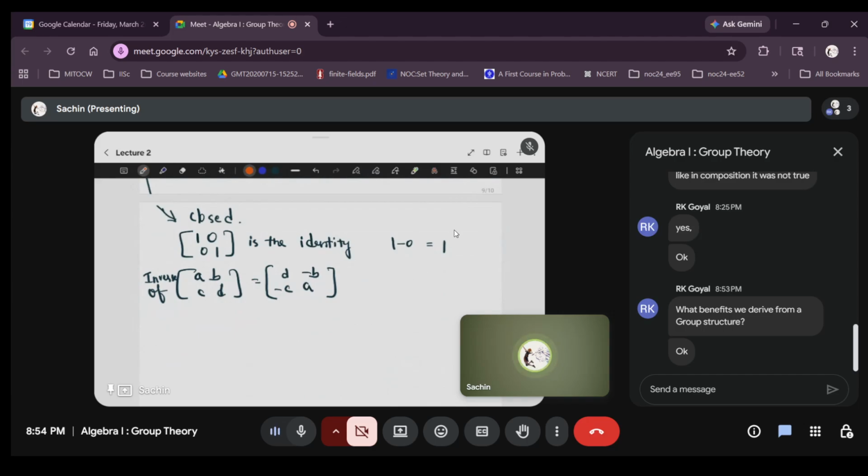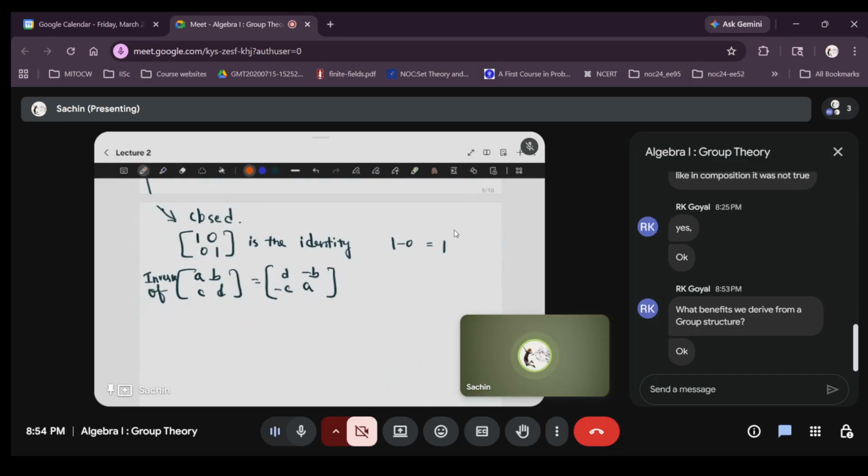So if you prove something for the set of integers, say that multiplication is commutative in the set of integers, it need not be true for the set of 2 by 2 matrices, right? There, the multiplication of matrices is not commutative.